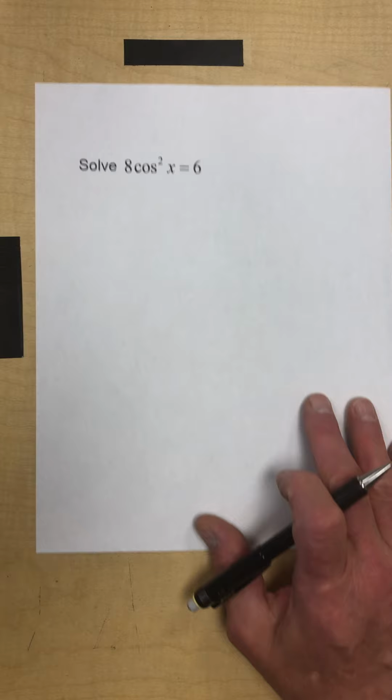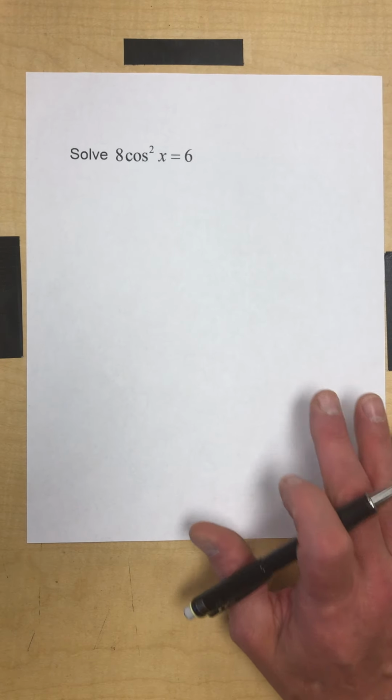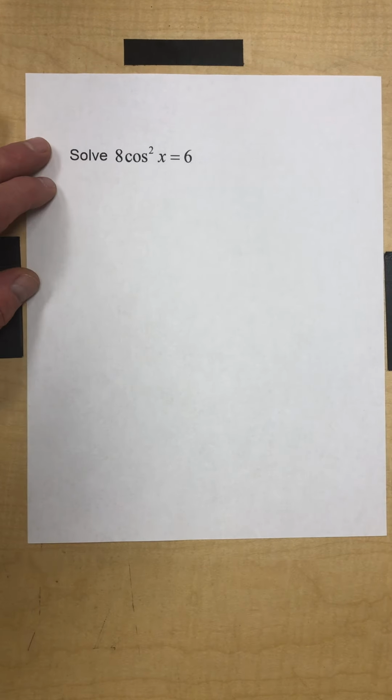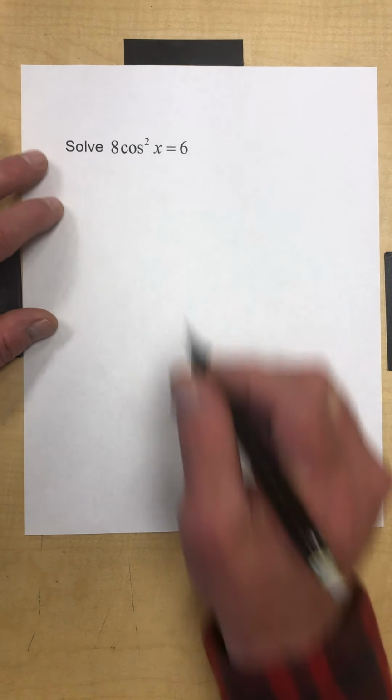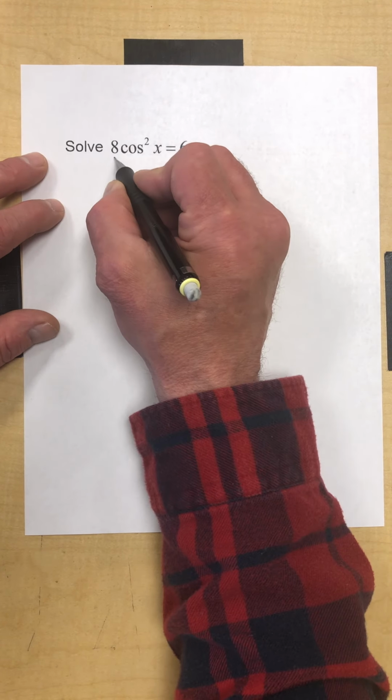Okay, let's try one with cosine. Notice it's very similar to this one, so let's approach it the same way. How about we divide both sides by 8?